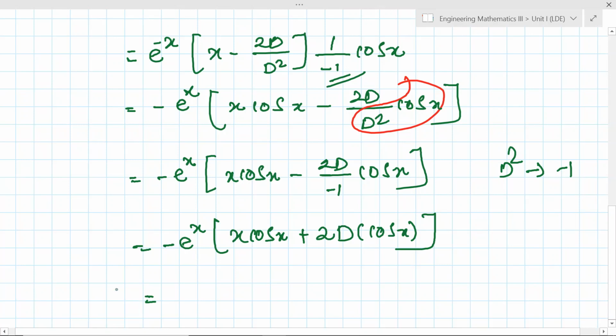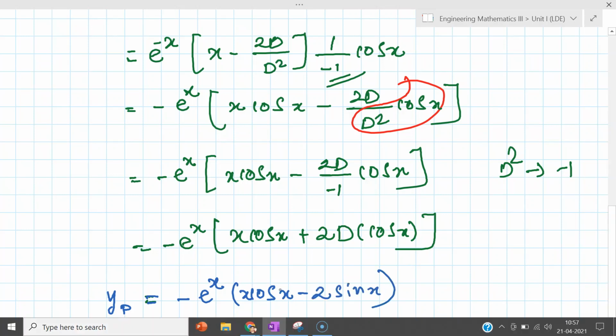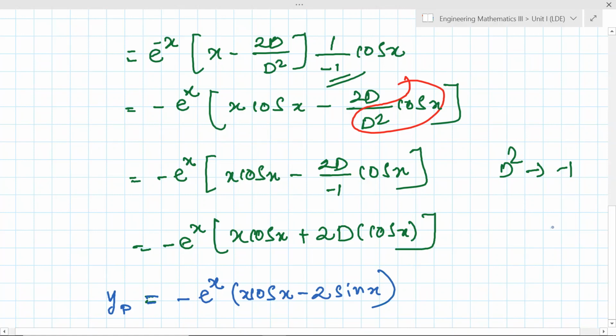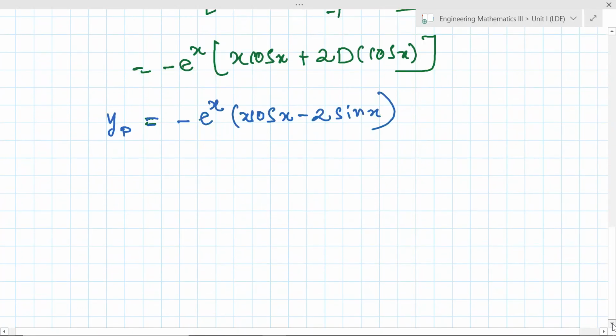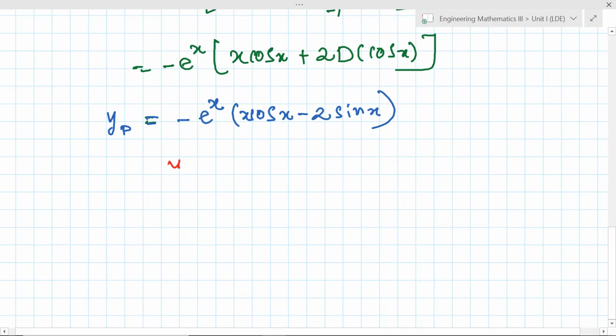Okay, and my final answer for this is yp equal to minus e raised to x in bracket x into cos x minus 2 into sin x. That's it. This is my particular integral. And if we write the complete solution, then y is equal to yc plus yp.